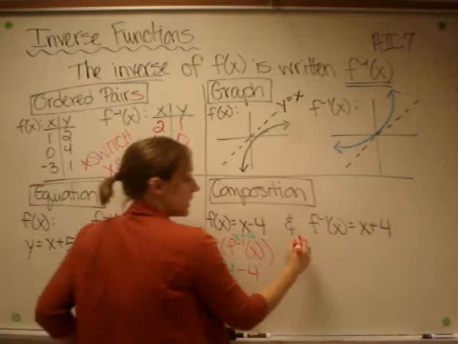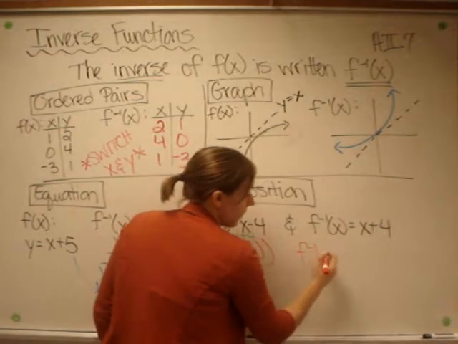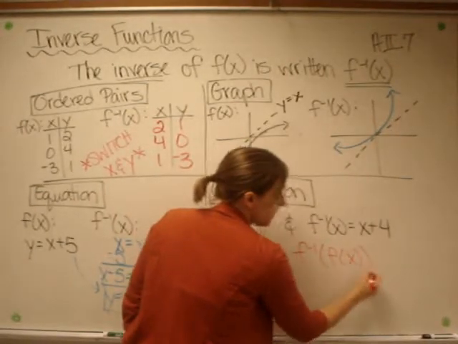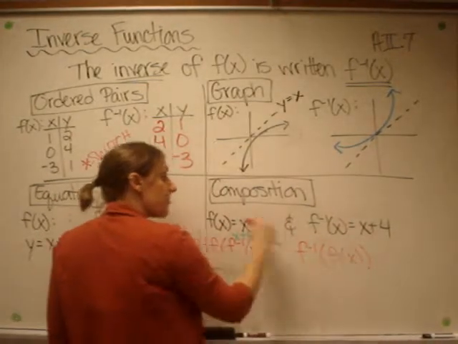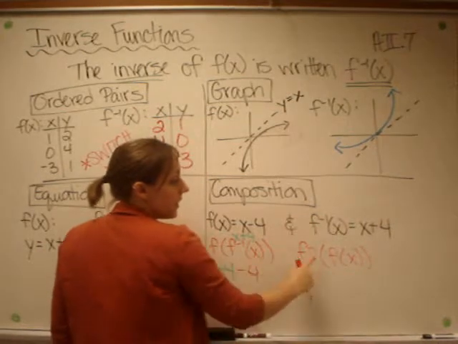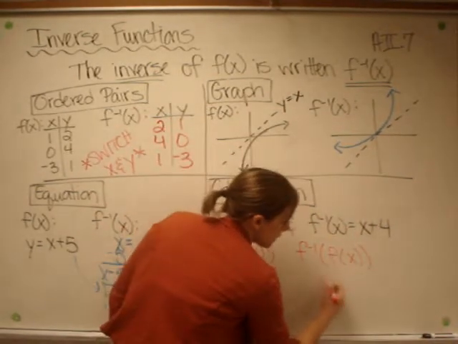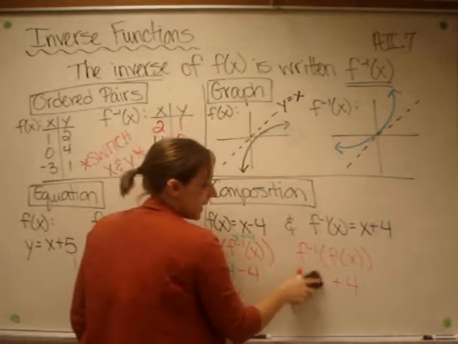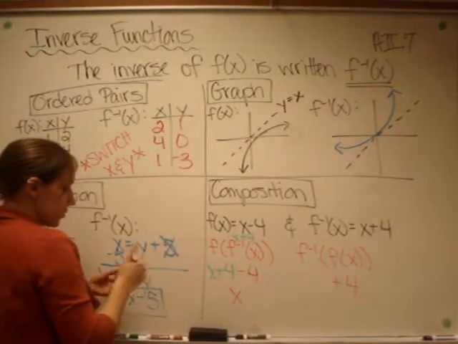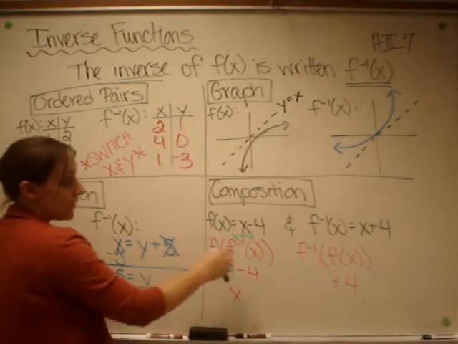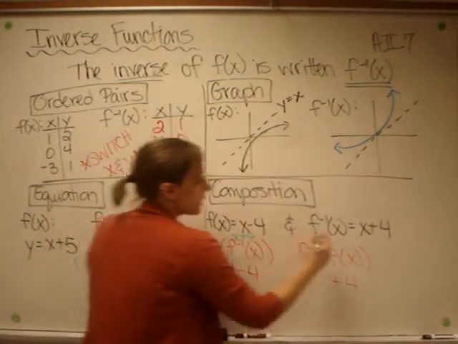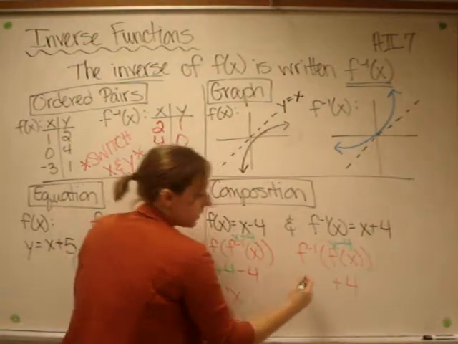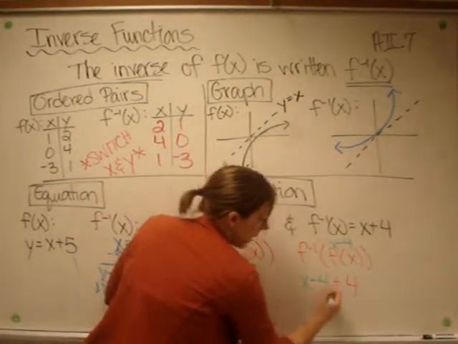Well, if we were to do it the other way, f of the inverse of f of x, now I'm going to put this function inside of this one. The inverse function is x plus 4. I'm going to take out the x, and since the f of x function is x minus 4, that is what I'm going to put in place of where I had that x.